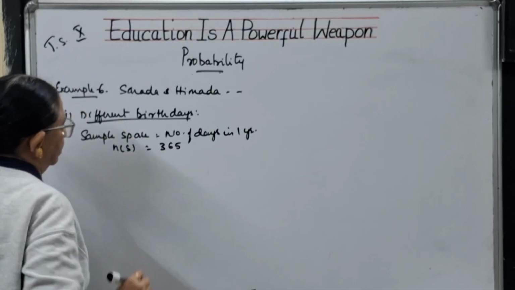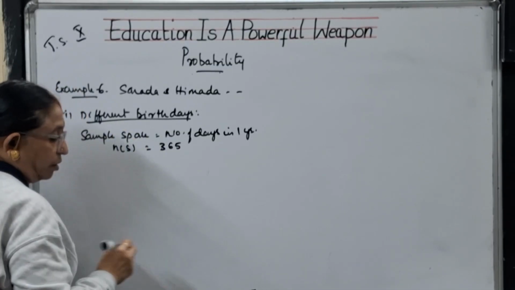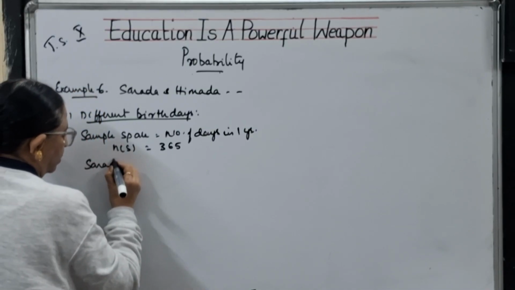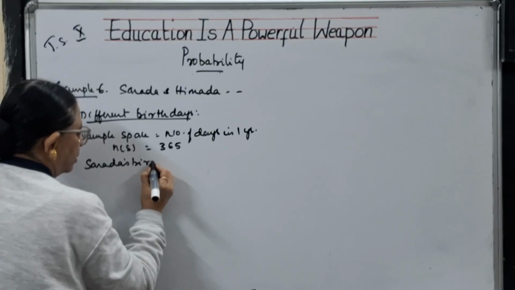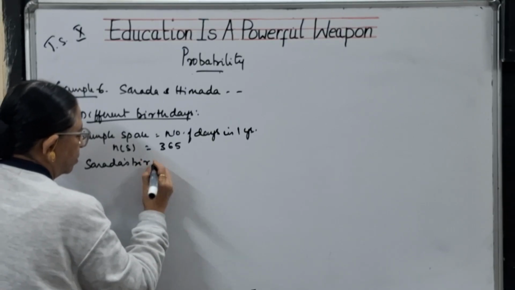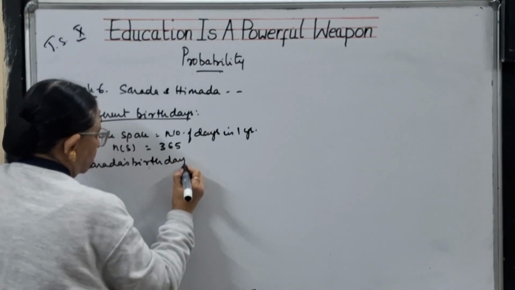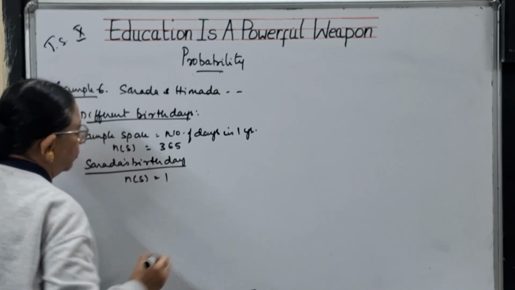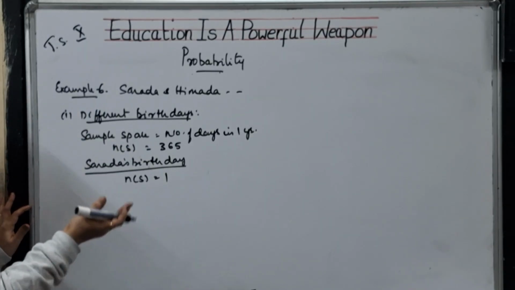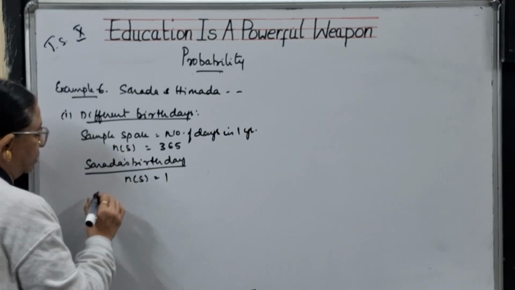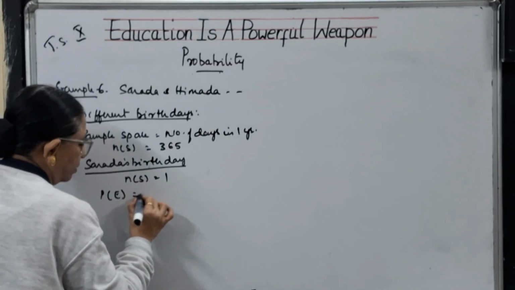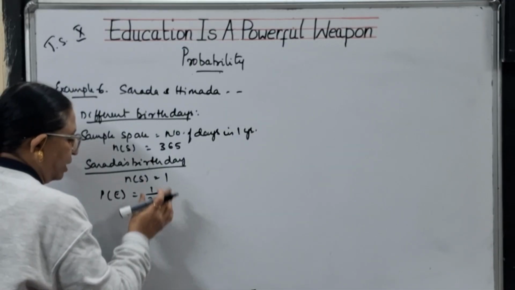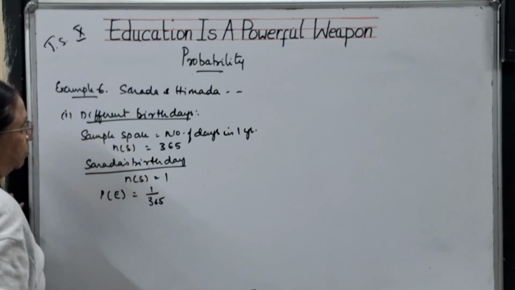So, different birthdays means, for Sarada's birthday, n of s will be 1, children. Any one day she will be having birthday out of 365 days. So, probability of event is nothing but 1 by 365.